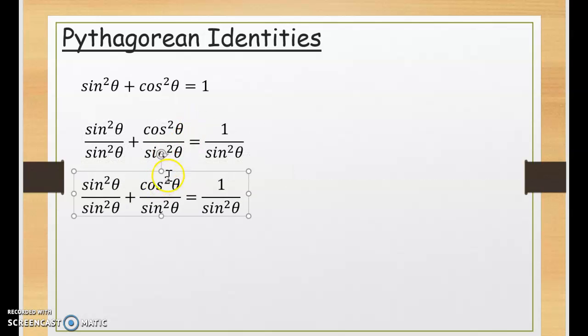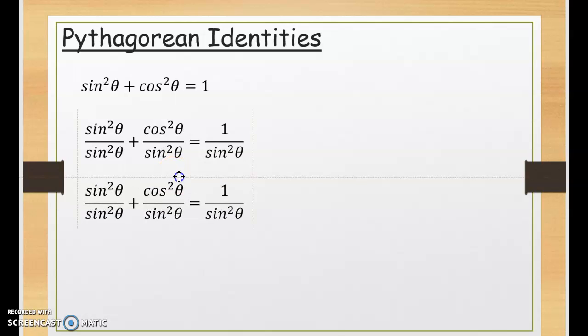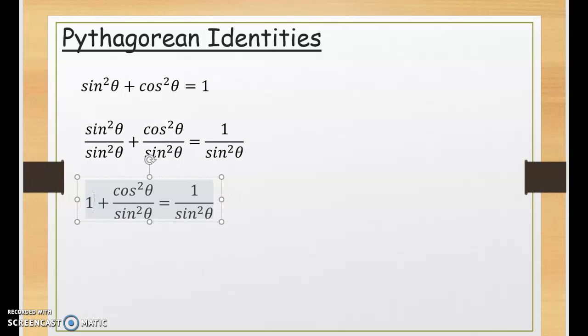We all know, well, if I were to simplify this, sine squared theta over sine squared theta becomes 1.